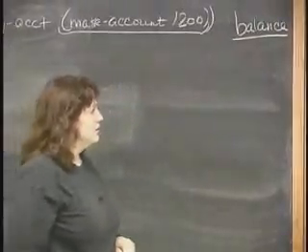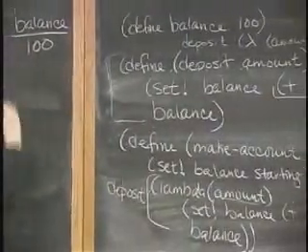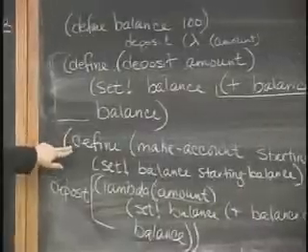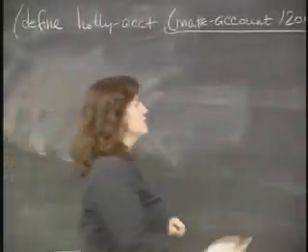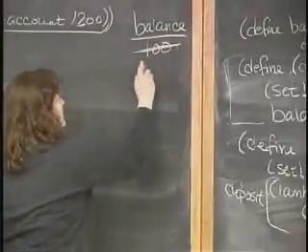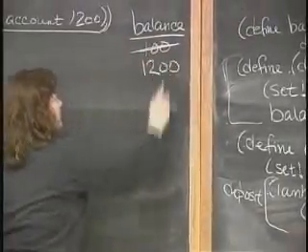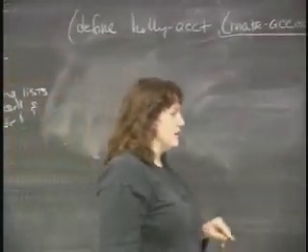Right now in our environment, it's 100. So we're going to set the balance to be our starting balance, which is 1200. And we'll just cross that value out rather than erase it so we can see how things are progressing. Okay, so we've set bang balance to be 1200.